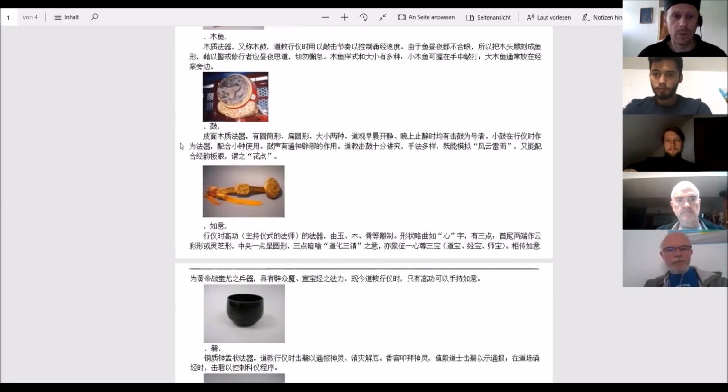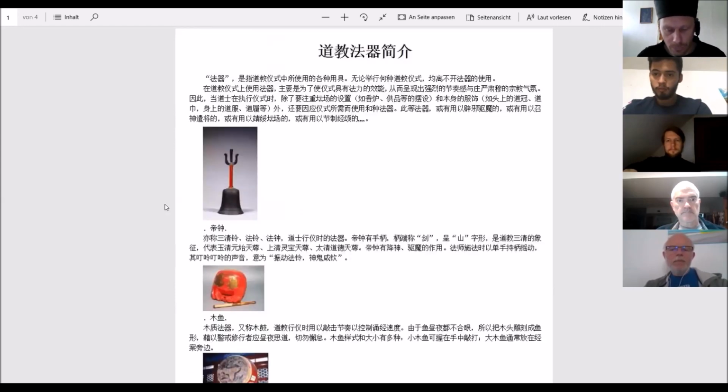And what you use when you are by yourself, you can just use the woodfish and the singing bowl. If you recite the scriptures, you can use the woodfish to give the rhythm and to mark certain words with the gong.